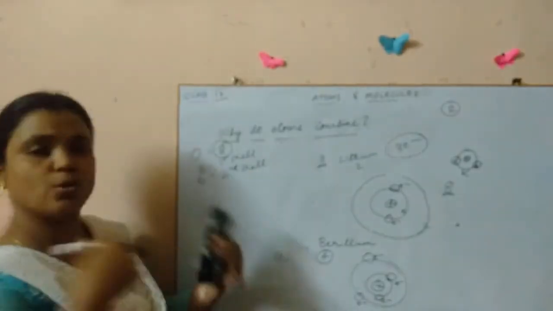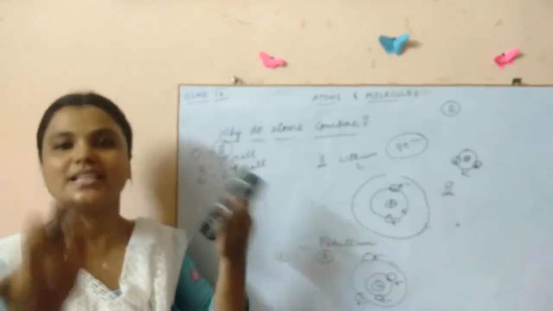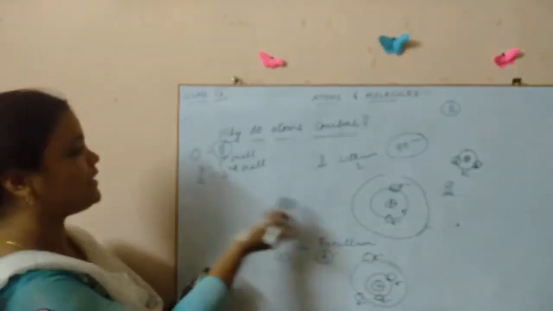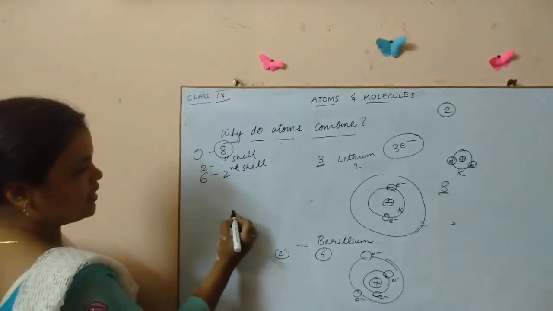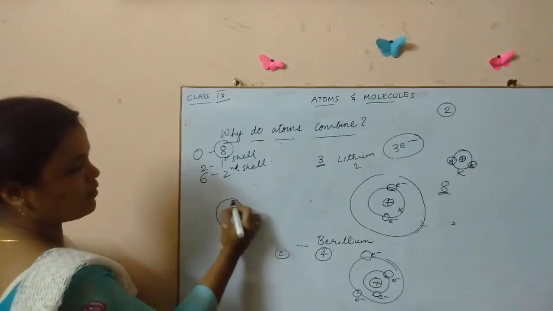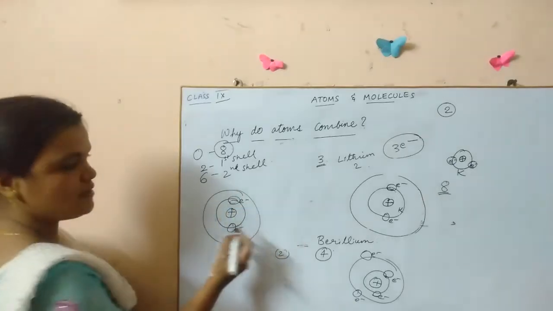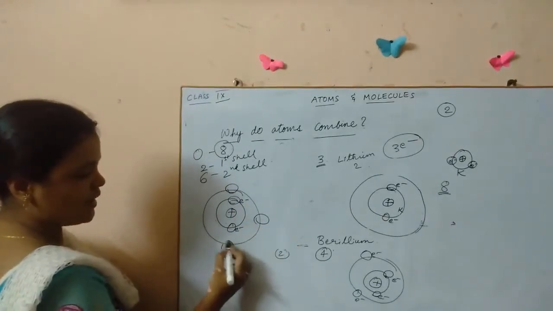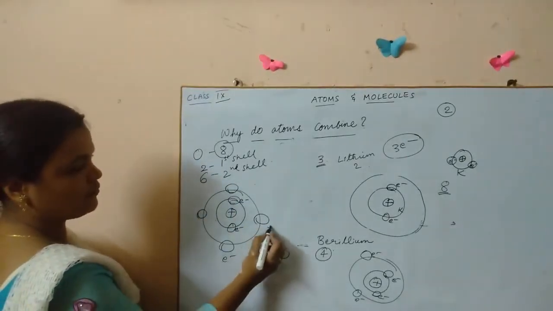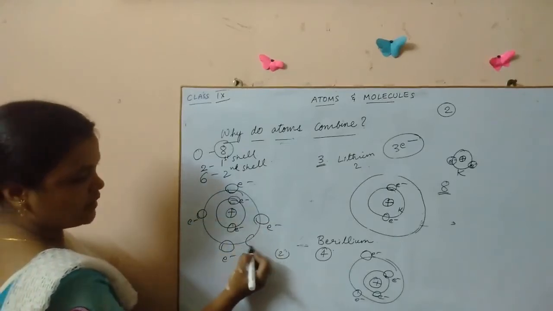It can't lose all the 6 electrons, right? What is easier? To get 2 electrons. Now if it gets 2 electrons, it can become 8, right? Let us see. We have here 2 shells. The first shell contains 2 electrons. And the second shell contains 6 electrons.